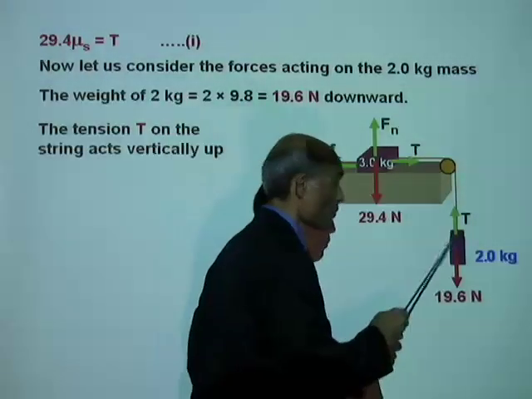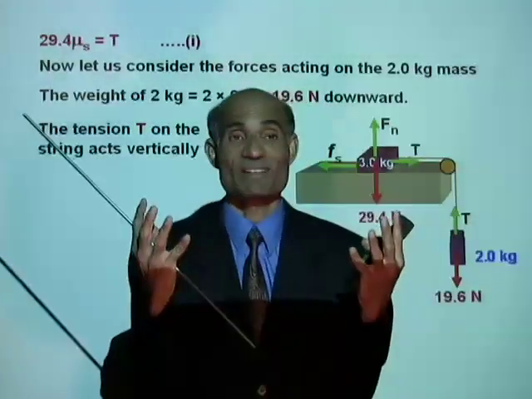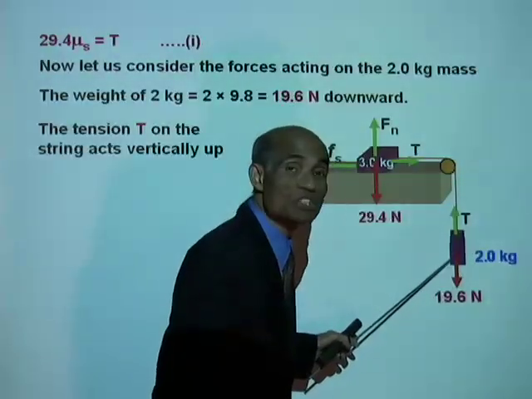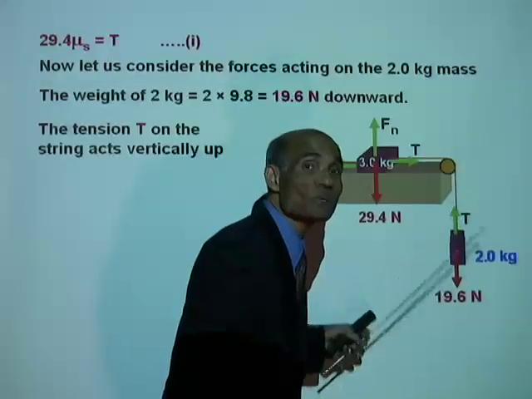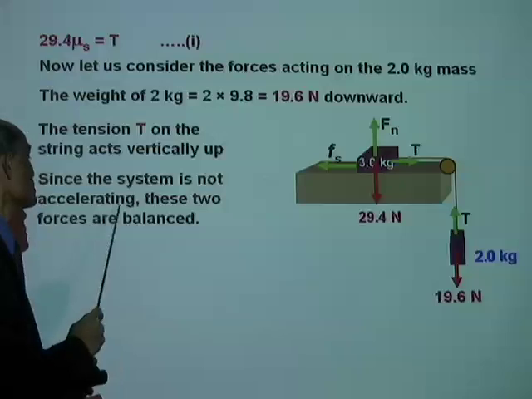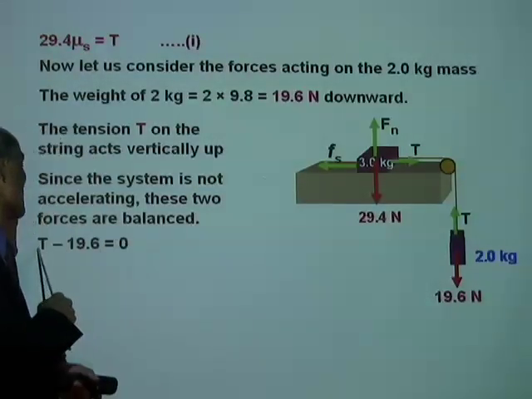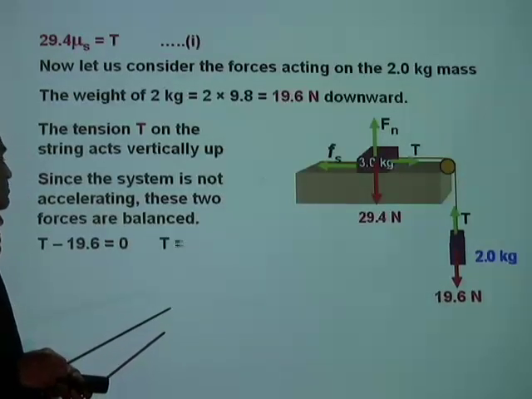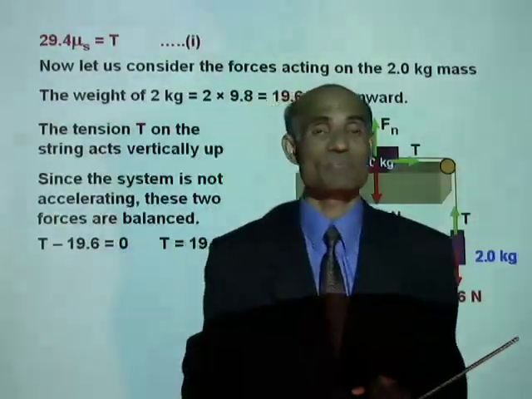And now, when the system is balanced, it is not moving yet. That means the system is balanced. Now, when the forces on this are balanced, 19.6 Newton must be equal to T. Is that right? Since the system is not accelerating, these two forces must be balanced, or we have T minus 19.6 equal to 0, or T equal to 19.6.